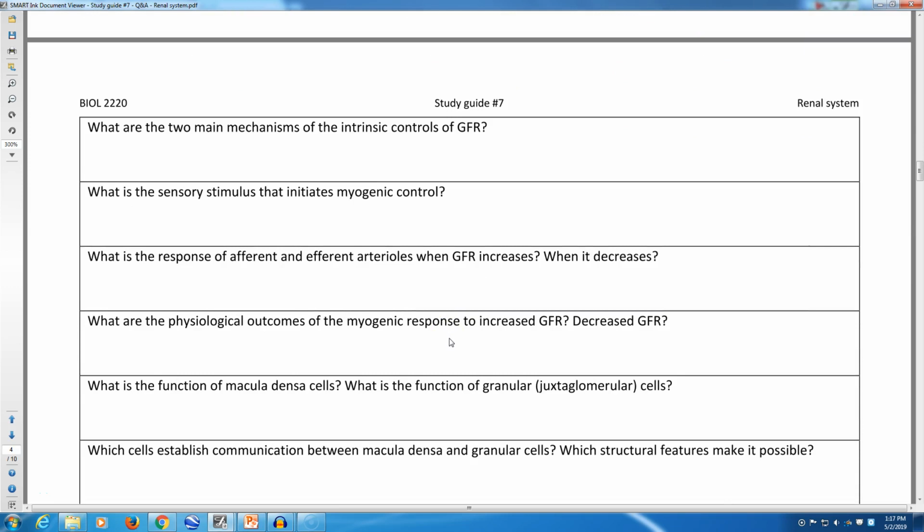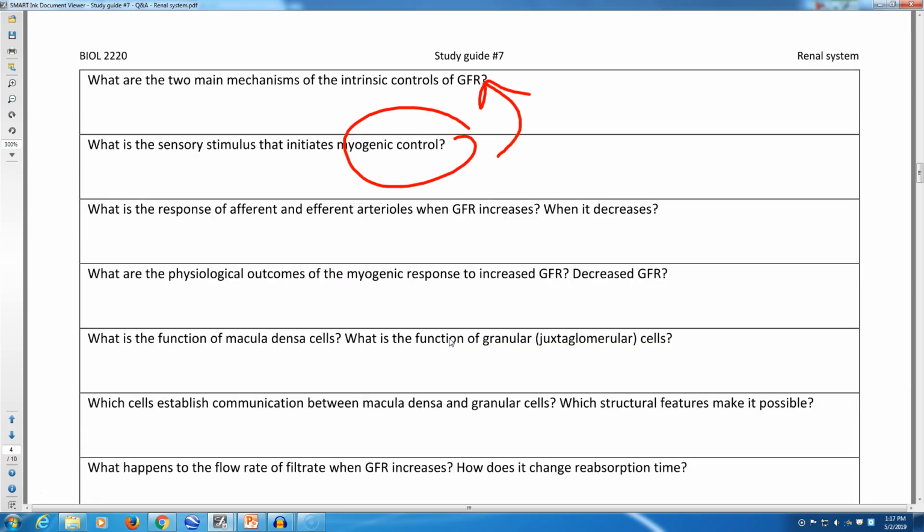Two main mechanisms: myogenic and juxtaglomerular. Sensory stimulus: stretch of the afferent arterioles.